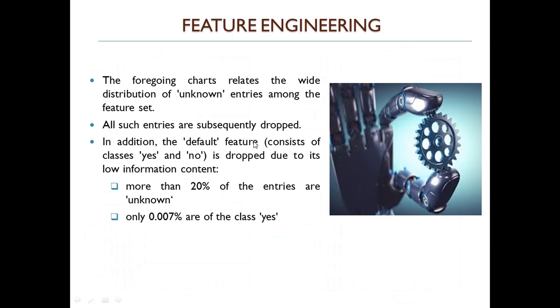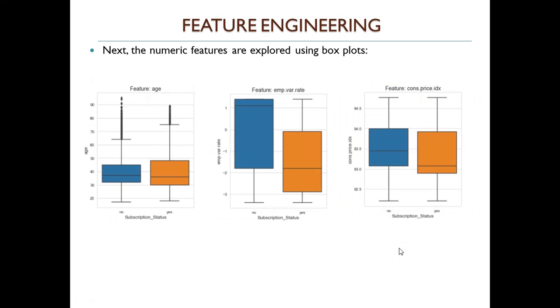So the foregoing chart reveals we have a lot of unknown entries among the feature sets, even though they are not evenly distributed among the features, but all such entries are subsequently dropped. In addition, like I said earlier, the default feature is also dropped for reasons already delineated.